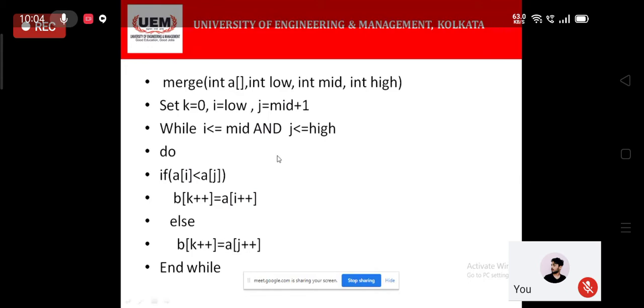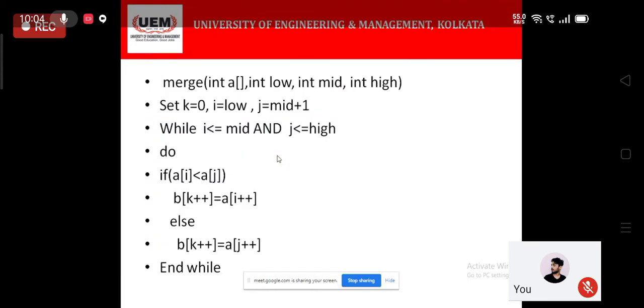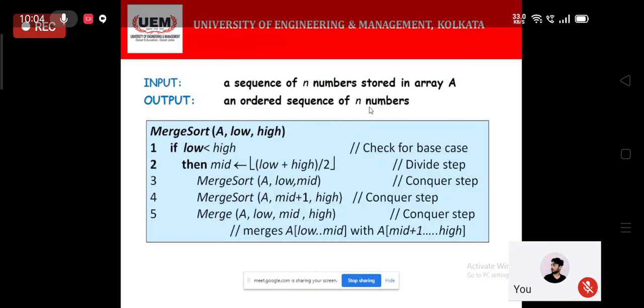Now, the speciality, other than the recursive call, is with this merging operation. The mid that is supposed to be calculated in the merge sort function is passed from there, getting the mid again and again for each of the recursive calls.